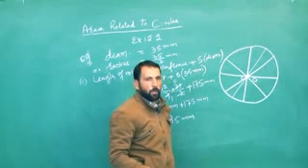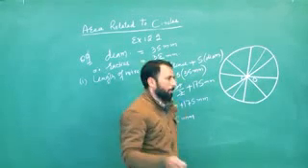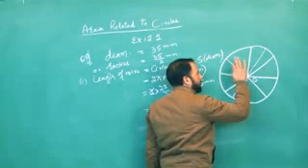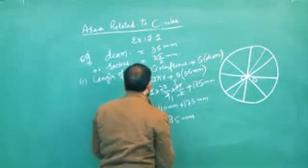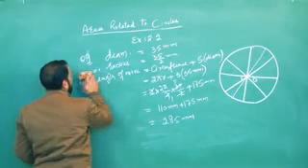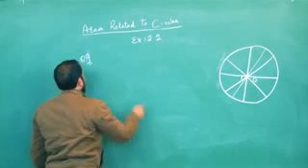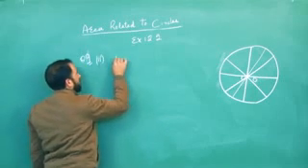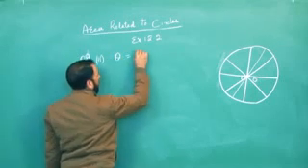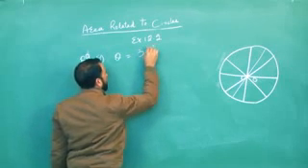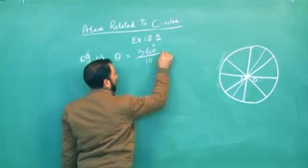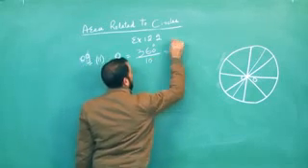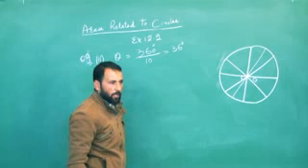Therefore, the sector angle theta is equal to the complete angle 360 degrees divided by the number of equal parts, that is 10. That equals 36 degrees, the value of theta here.